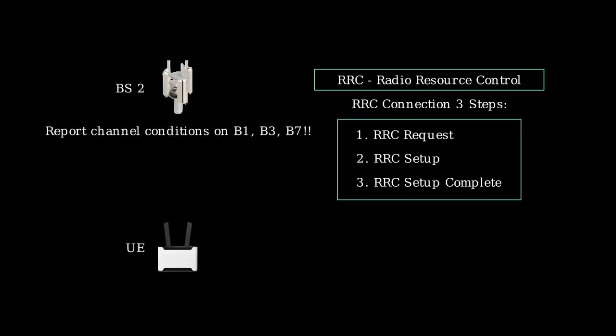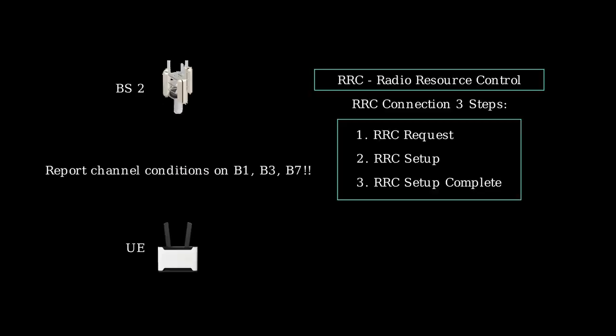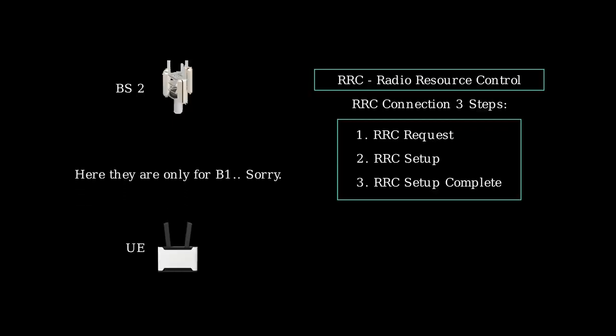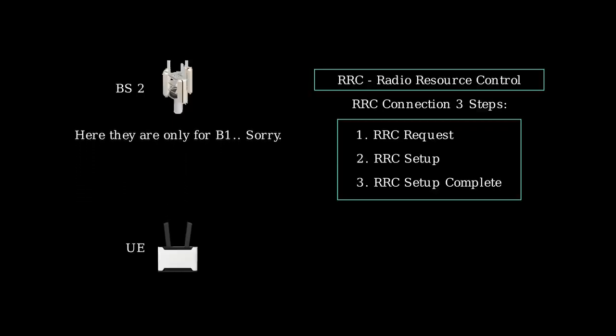But do you see another trick that we can use here? Yes, by deliberately ignoring other bands and withholding measurement reports for them, we can try to influence the base station to keep us on the current band.